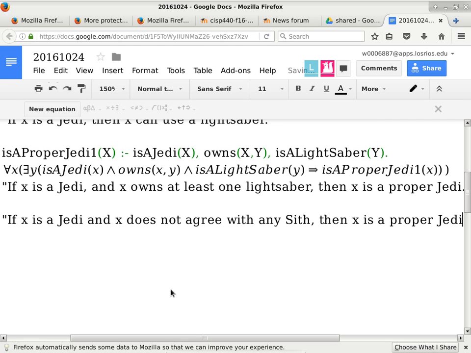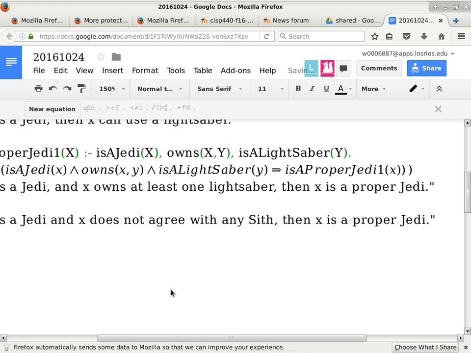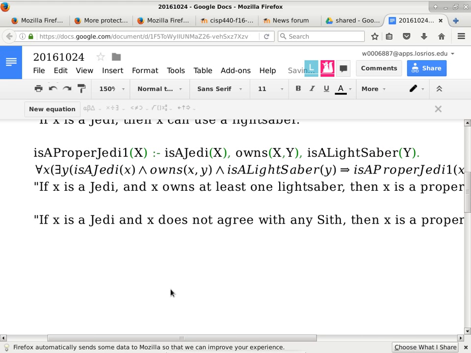And we'll use a different predicate this time to express this quote-unquote proper Jedi. But the problem in this case is we only have the existential way to express stuff in the body. So it becomes difficult to express that X cannot agree with any Sith.